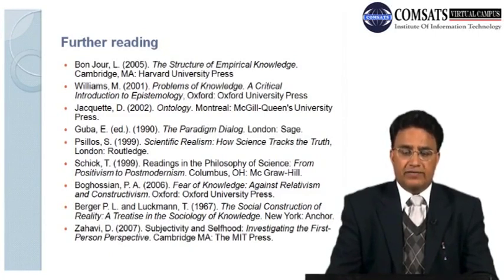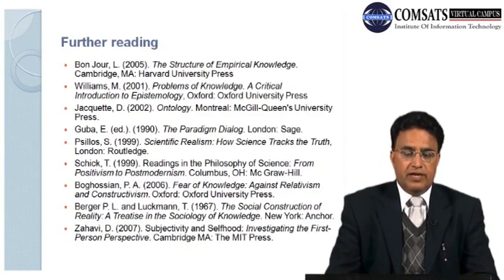Well, the first one is Joe al., 2005, The Structure of Empirical Knowledge. Its place of publication is Cambridge, MA, and its publisher is Harvard University Press. The second book deals with empiricism, as the title shows, The Structure of Empirical Knowledge.